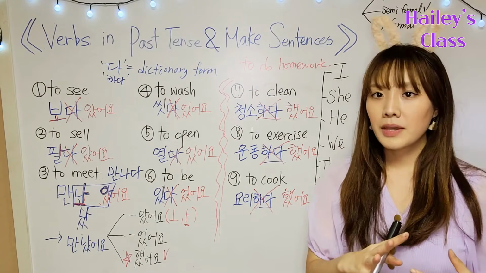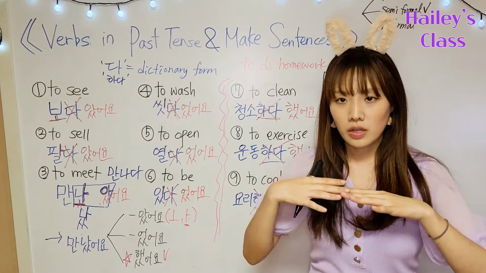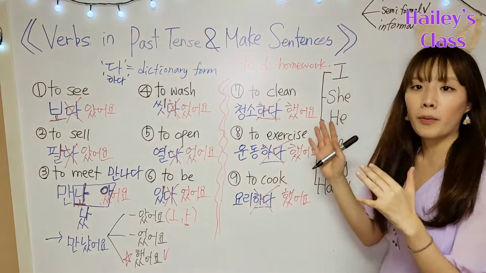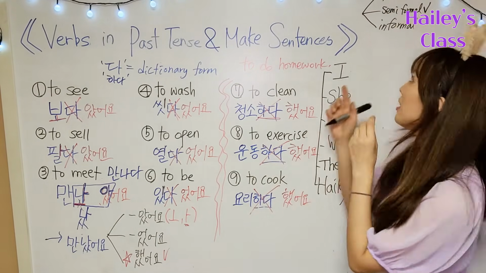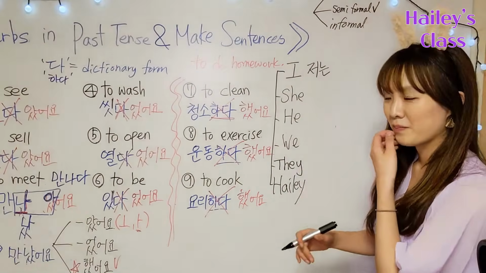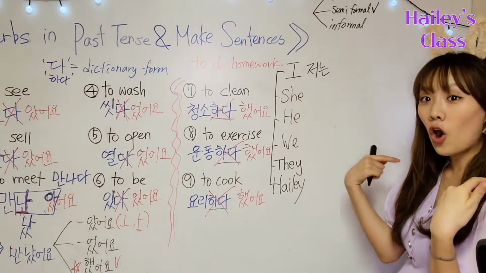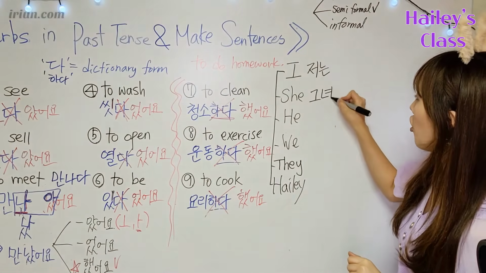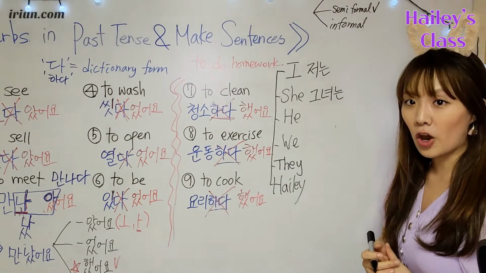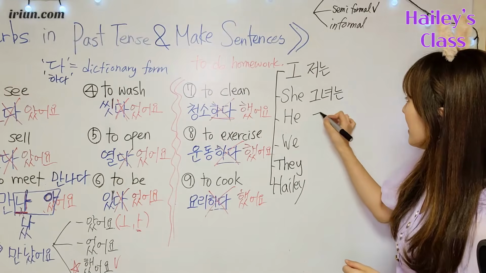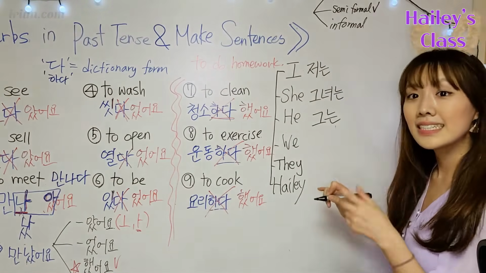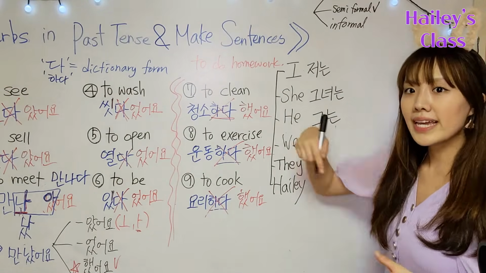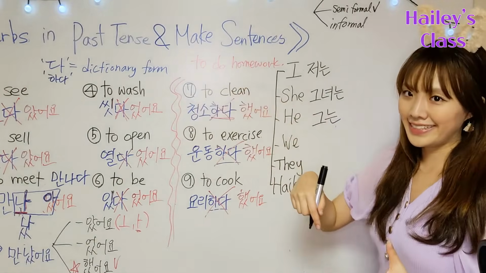Last time I told you about the normal form, but we're going to learn a little bit of the formal form. I is 저는, and she is 그녀는, and he is 그는, and we is 저희는.